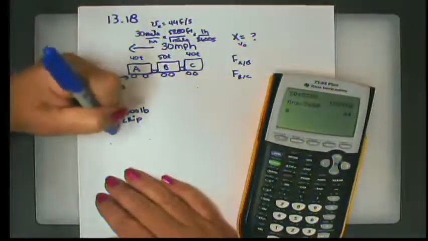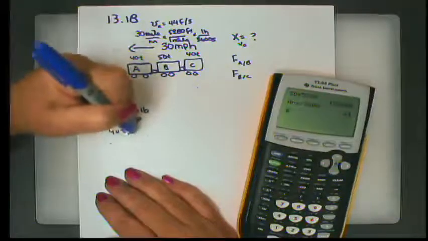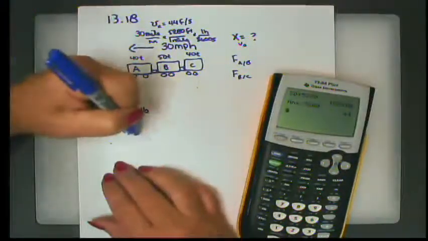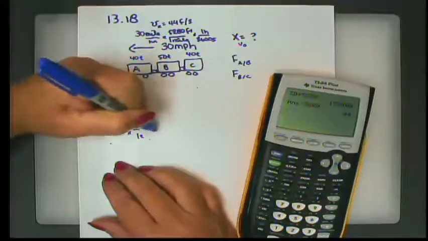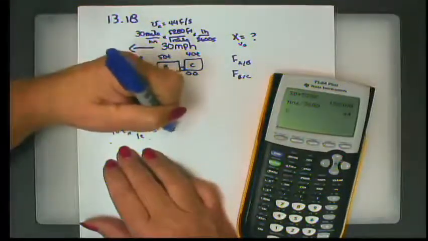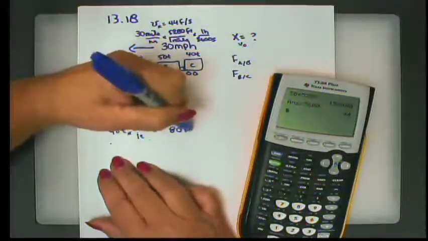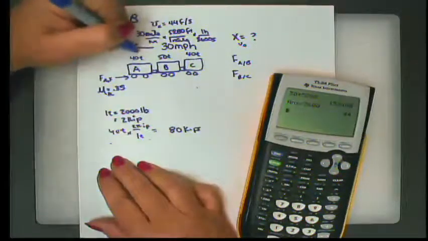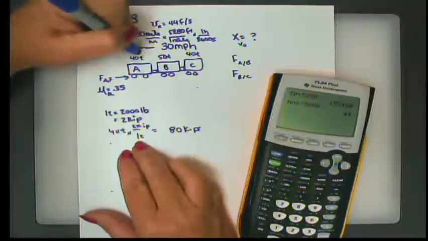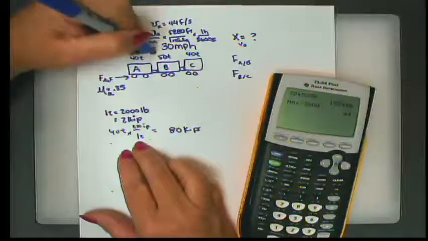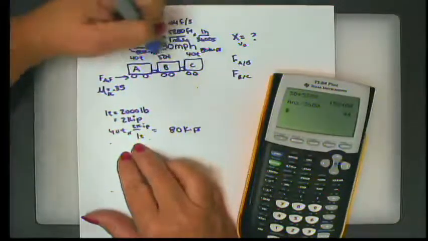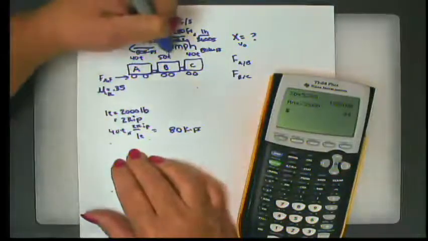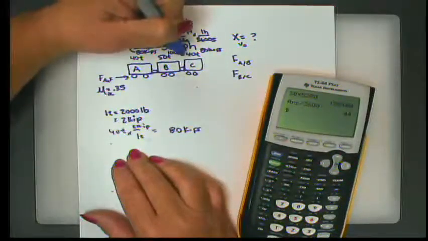So 40 tons times 2 kips per ton is 80 kips. So this train car, excuse me, this has 80 kips. And this has 50 times 2, which is 100 kips.